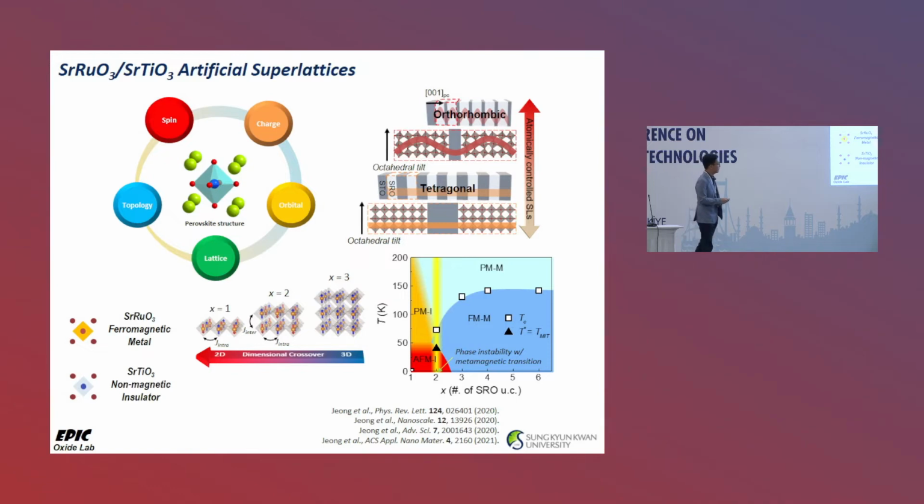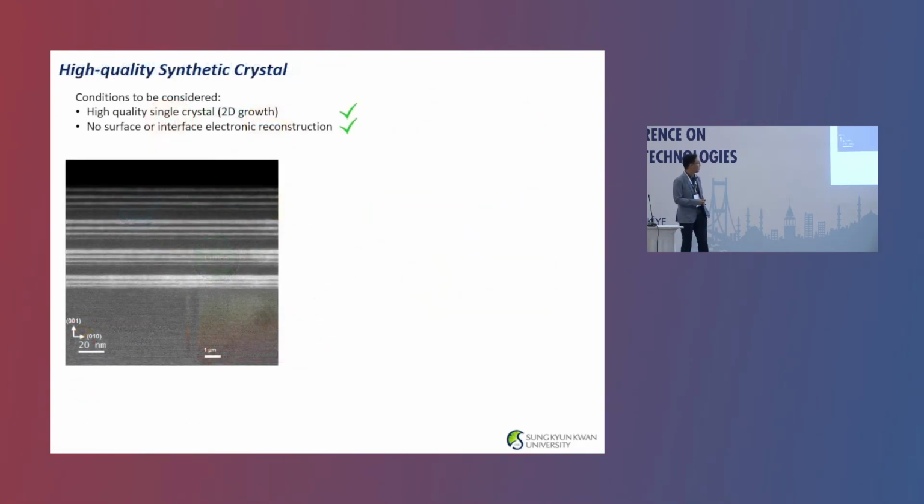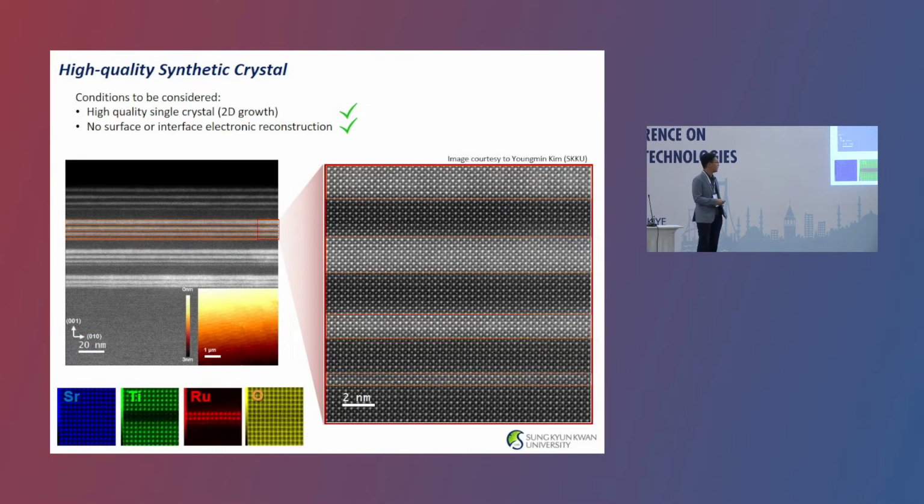Or we looked into the microscopic structure of this system, where the octahedral tilt pattern can be transferred, or tunneled, through the insulating layer. But if you're interested, we can discuss it later. Basically, we have very good superlattices.